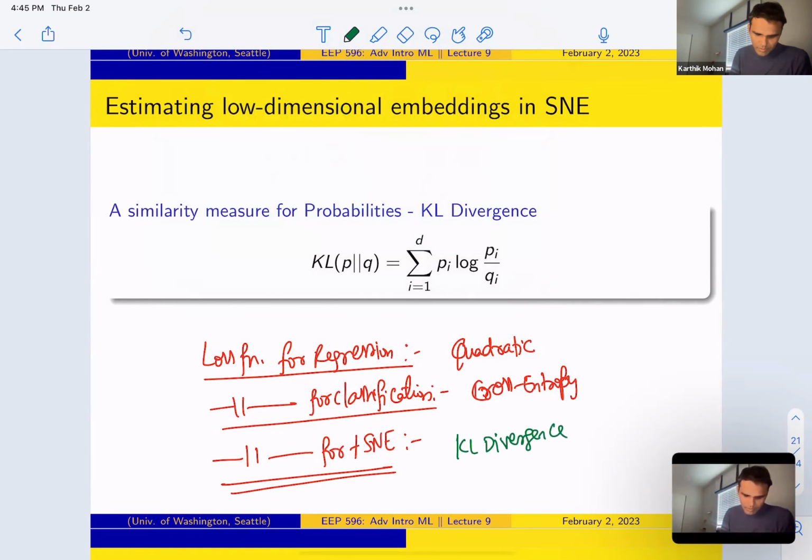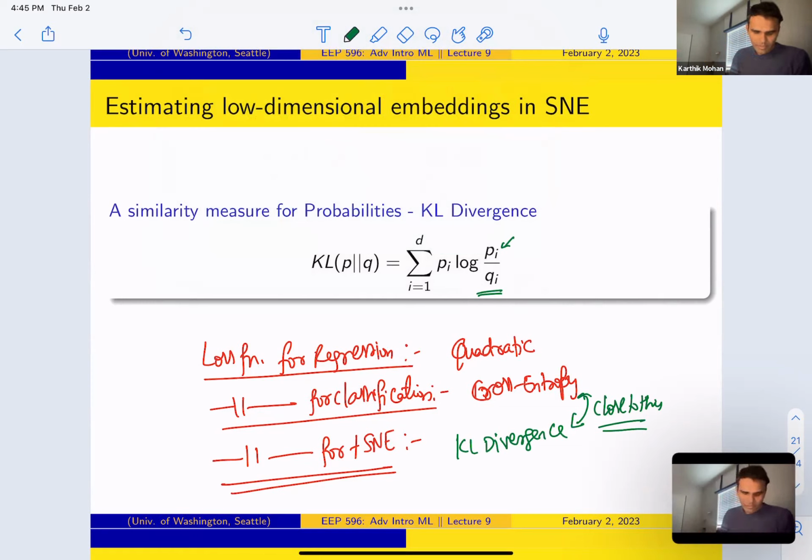So this is the loss function for this, and it's close to this. Right? So if you see how it's close, actually, if you remove the p_i here in the numerator, and you just replace it with 1, then you get the cross entropy. So it's just adding this extra layer.